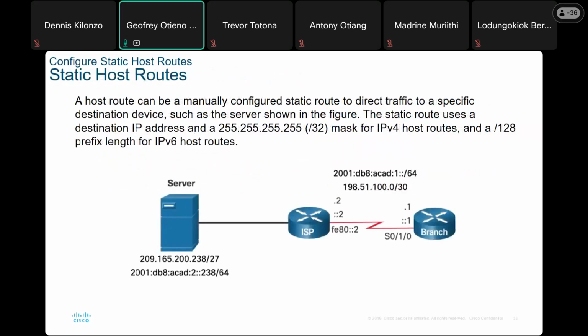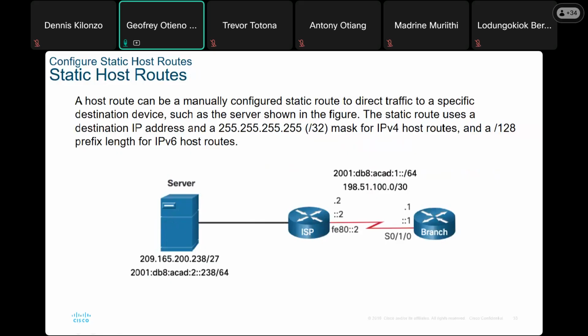So let's look at how you can set this up. This is, of course, the ISP side, server and ISP. So we are intending to bring this IP address of the server into our branch router. We want to bring it inside here so that you can have it locally within our branch router.